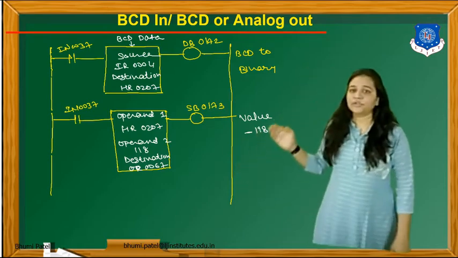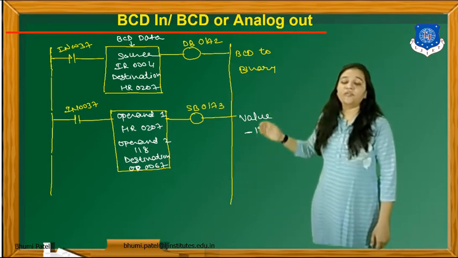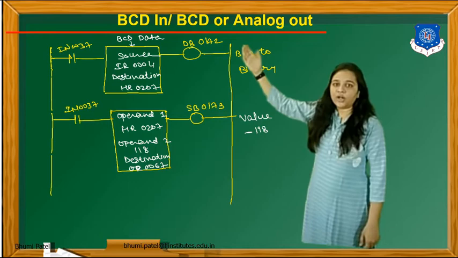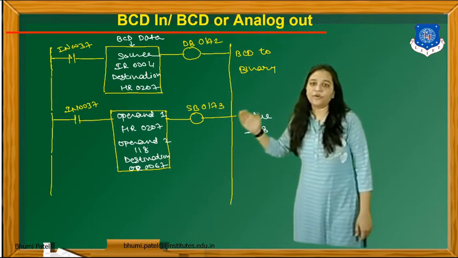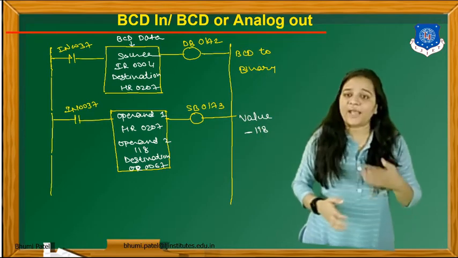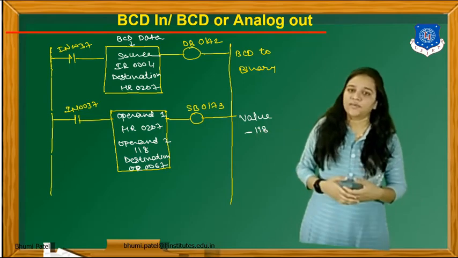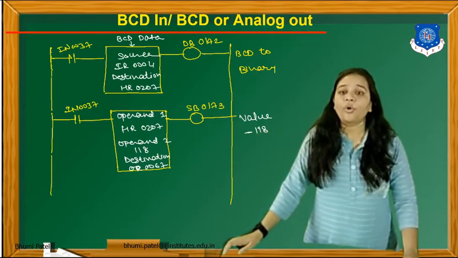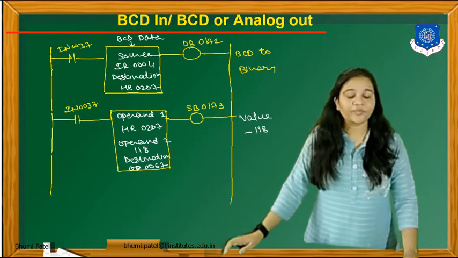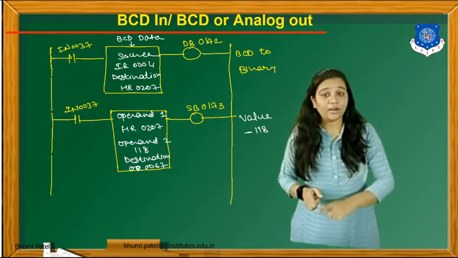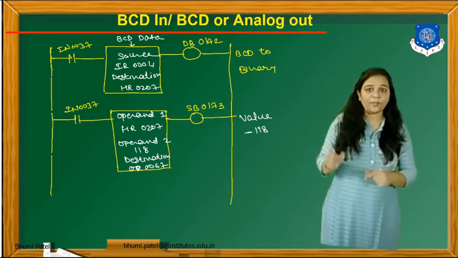So IN0037, operand 1 will be the destination of the above rung, HR0207. Operand 2 is given in the program, 118, and the destination OR0067. In the program they have given minus 180, subtract 180.